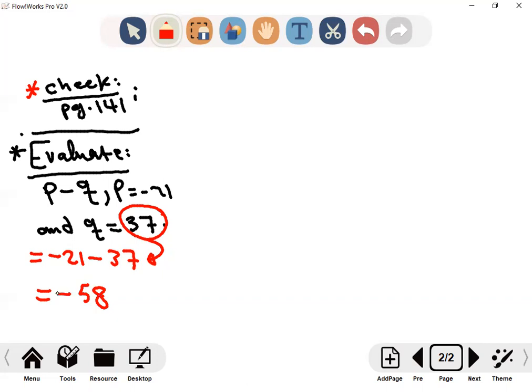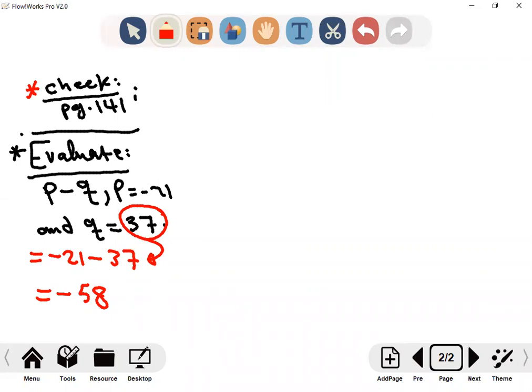Right. This is the check of example 3. Let's go to example 4. How do we find the distance between integers? Now we will use the number line. To find the distance between integers, we will use the number line.